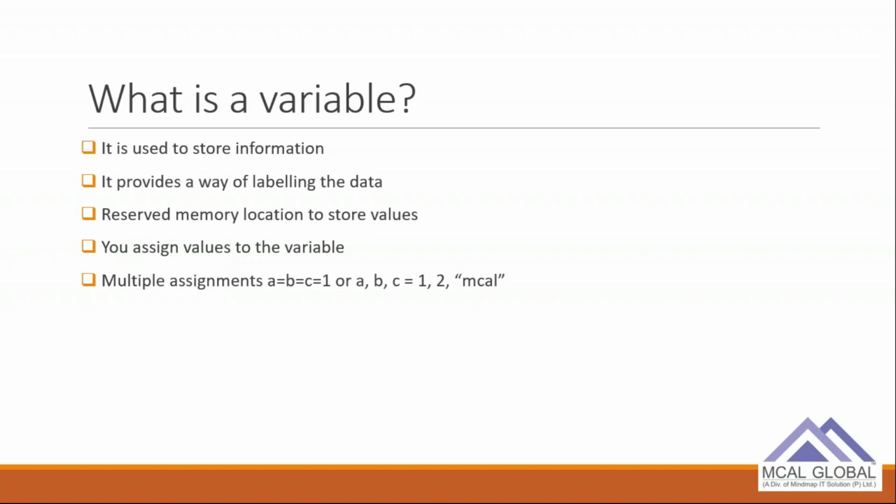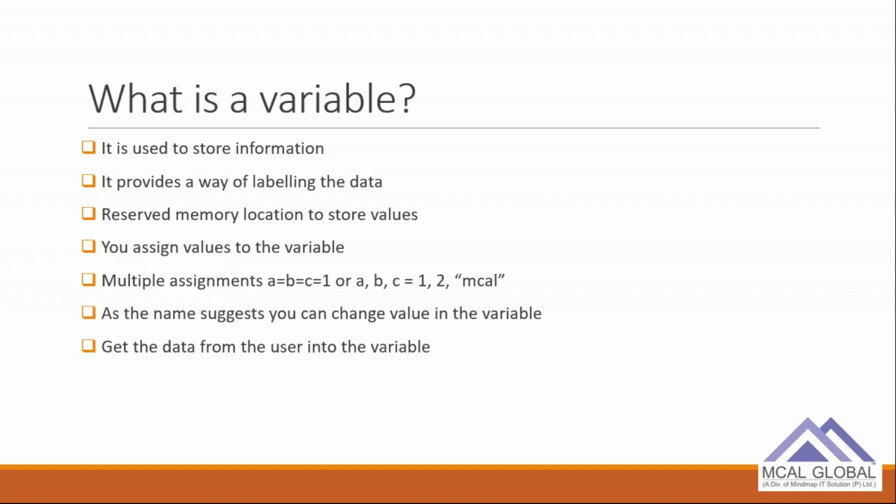You assign values to the variable. Equal to is your assignment operator. It is not the same as comparing if a equal to 1, which is something different. We'll get to that later, but this is just a run through of what a variable is.